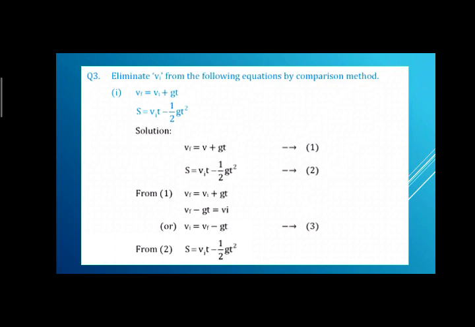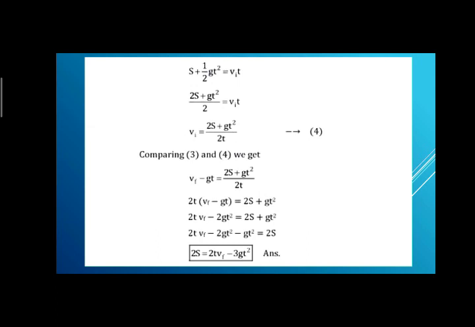Now find the value of vi from equation number 2. From equation number 2, we have s is equal to vit minus half gt square. After the simplification, here we shift minus half gt square from right to left, then it becomes s plus half gt square is equal to vit. Now first we take the LCM between both of these terms to add them.